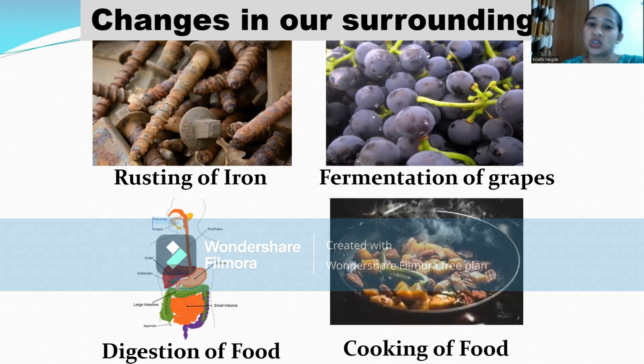Cooking of food is also a chemical change. Like this, you may notice many changes in our surroundings which can generally be physical or chemical changes. But our concern in this chapter is about chemical changes.